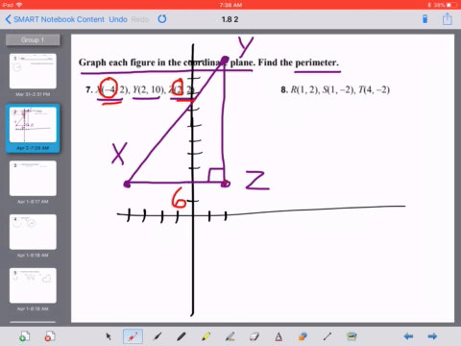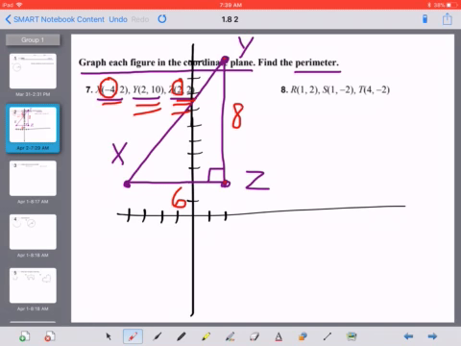Now, the fact that y and z have the same x coordinate, they both have an x coordinate of 2, means we just have to look at their y coordinates. Going from a y coordinate of 2 to a y coordinate of 10 means that this leg here, yz, is going to have a length of 8.